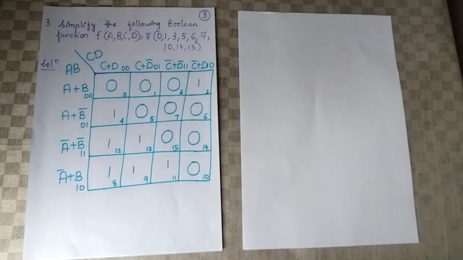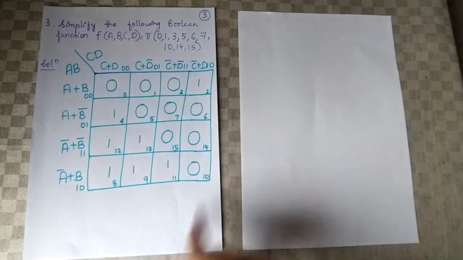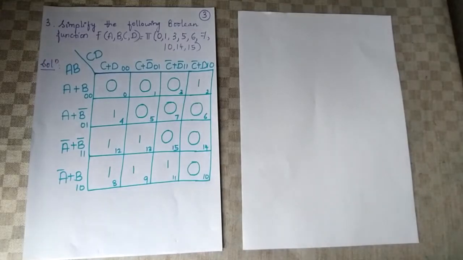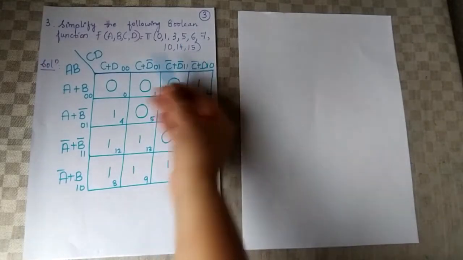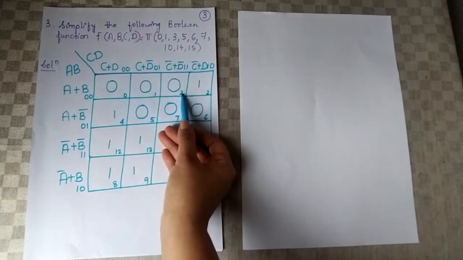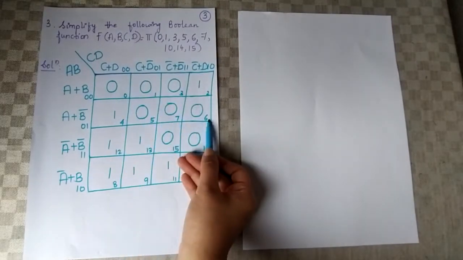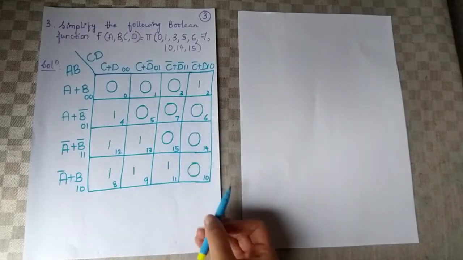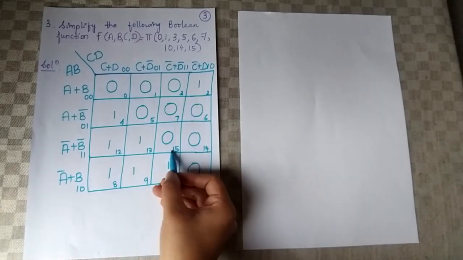Simplify the following Boolean function of a, b, c, d with product of sum form for 0, 1, 3, 5, 6, 7, 10, 14, 15. So we are drawing the K-map, and then for these terms we have to place zeros. So 0, 1, 3, 5, 6, 7, 10, 14, 15.